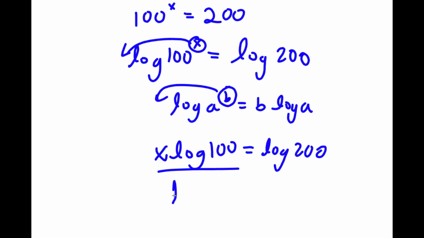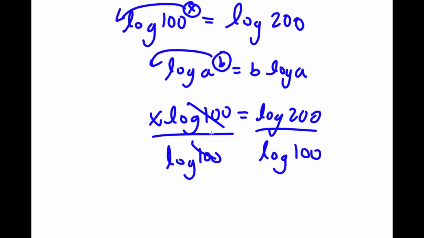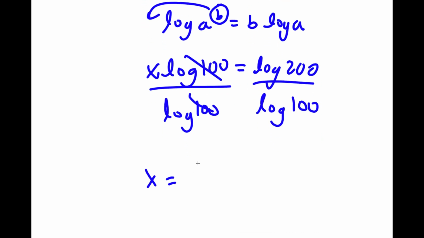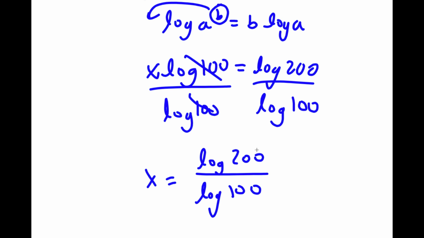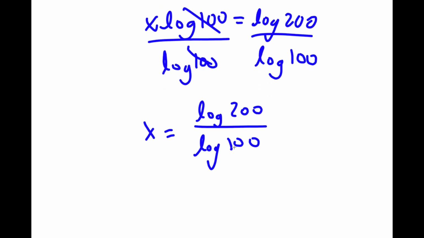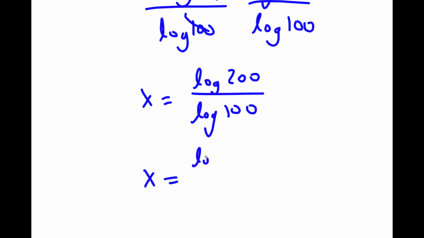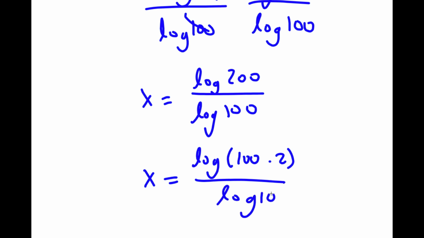Now if I divide both sides by log 100, these two cancel out, and I have x is equal to log 200 over log 100. Now 200, that's the same thing as 100 times 2. Now I have this over log 100.